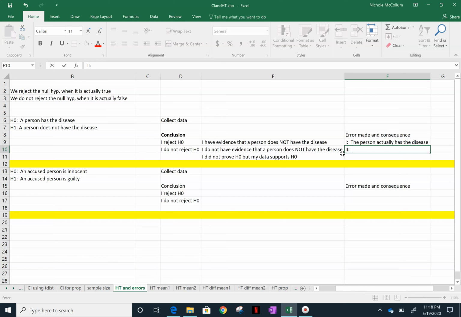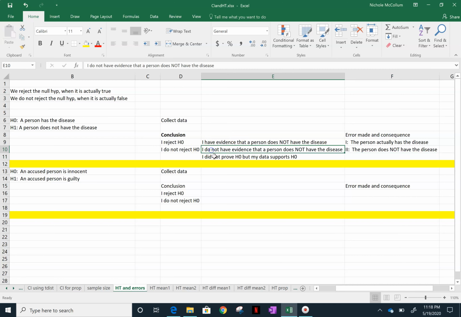So let's look at this. I don't have evidence the person does not have the disease. What this really means to me is, if you do not reject H naught, that means most likely the person has the disease. But in truth, the person does not have the disease in this case. You would lend support.